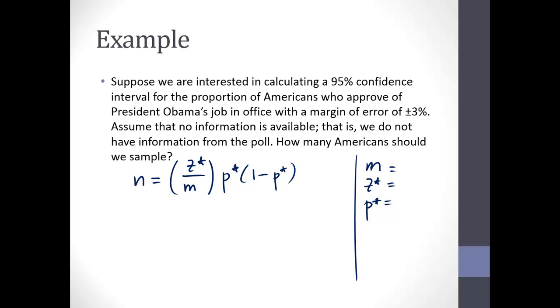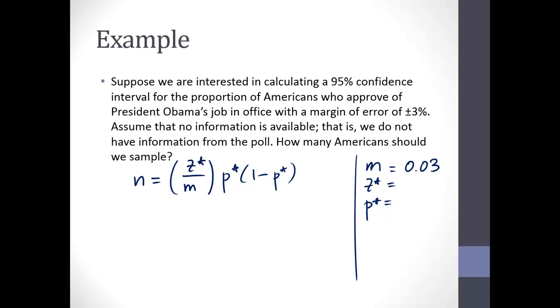My margin of error is 3 percentage points. So what's m going to be? It's 3%, so I want that to be 0.03. That's a big thing there. Don't put a 3 in there. Put a 3%, so 0.03.